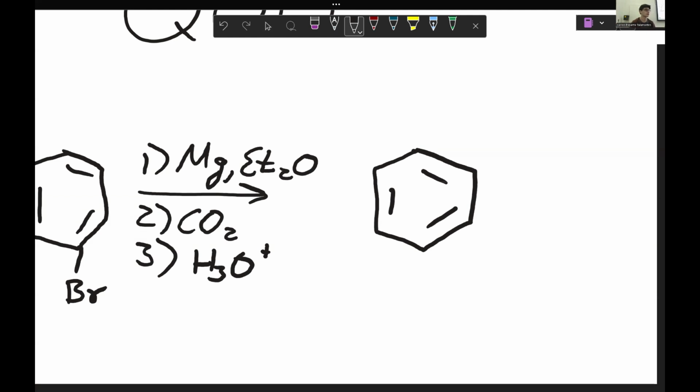You're going to get a carboxylate, which is just the anionic form of the carboxylic acid. So then step three is the acidic workup. You get your carboxylic acid. What that looks like is that, so that's the benzoic acid.